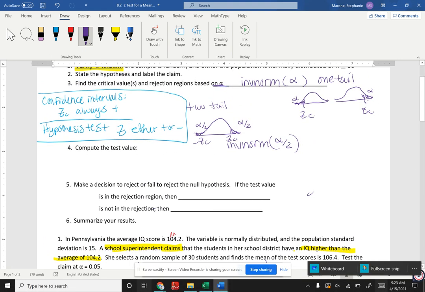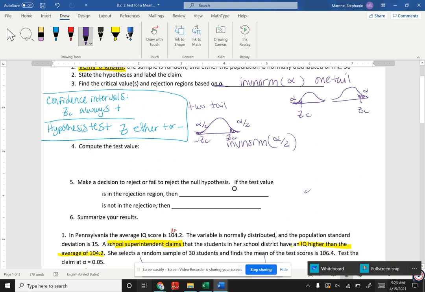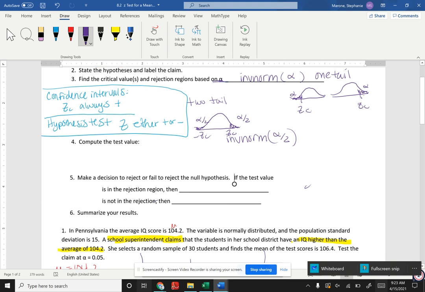So we stated the hypotheses, labeled the claim, drew the sampling distribution, and then we compute the test value. What's good about this, and you don't have to memorize it anyway because you have your notes, is that the test value Z is the sample mean minus the mean, over the population standard deviation divided by the square root of n.